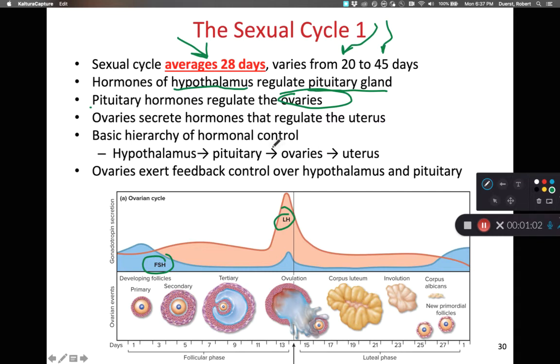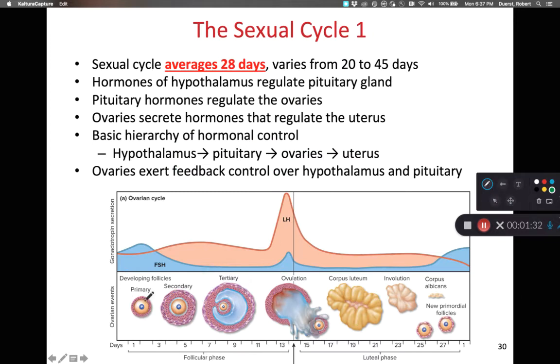So in terms of the glands and the organs, we have hormones from the hypothalamus traveling to the anterior pituitary gland, and then from the anterior pituitary they go to the ovary, and from the ovary they go to the uterus. And then those ovaries are also going to exert feedback on the anterior pituitary and the hypothalamus as well. So there's a lot of tug and pull and interplay as we look at this sexual cycle.